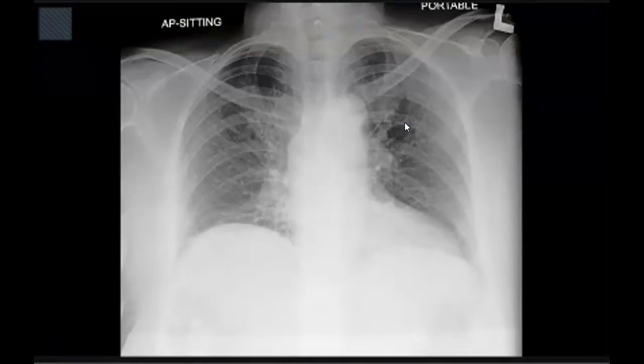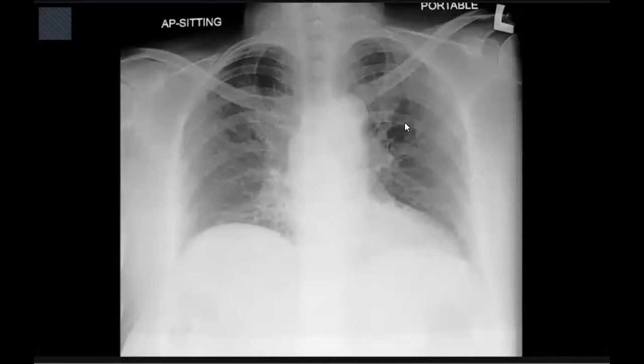The abnormality I can see is that there are multiple reticular opacities seen in the bilateral lung fields, more marked in the bilateral perihilar regions, with some areas of ground glass changes and opacifications. There is also upward diversion of hilar vessels noted. However, the bilateral costophrenic angles do not show any pleural effusions.